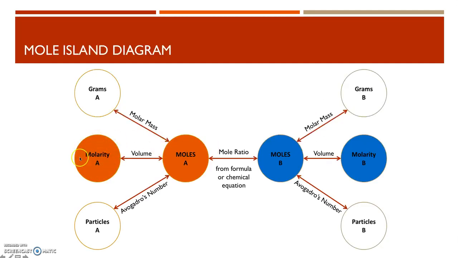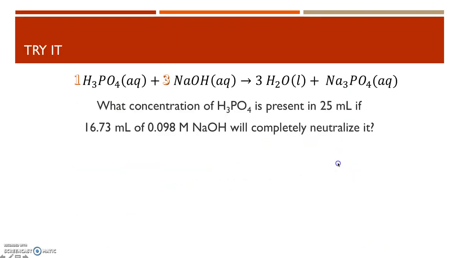So we're starting with the molarity and the volume of sodium hydroxide. To find moles of sodium hydroxide, we'll use a mole ratio from the balanced chemical equation to find the moles of phosphoric acid, and then we're given the volume of phosphoric acid, and so we can determine the molarity of phosphoric acid.